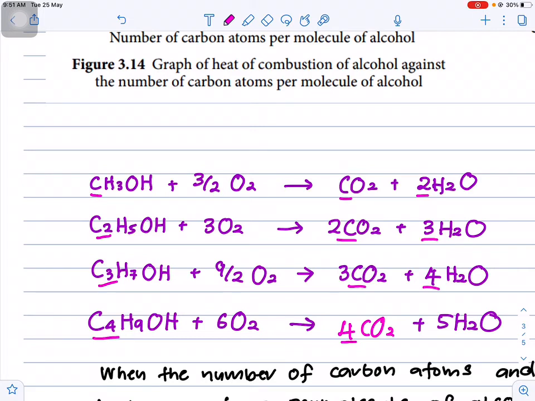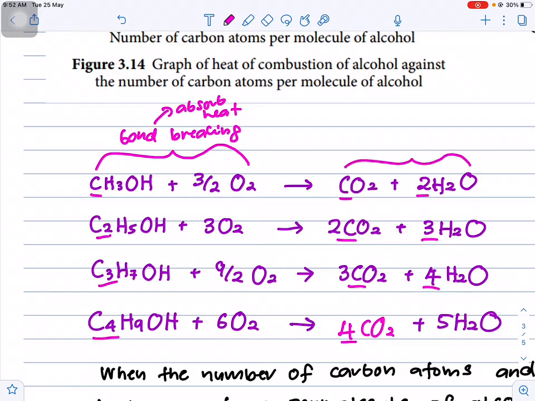So you already learn this part, dia akan berlakunya bond breaking, where bond breaking will absorb heat. Okay, and then at this part, this is the reactant, dia akan berlaku bond forming. Okay, so bond forming, dia akan release heat.